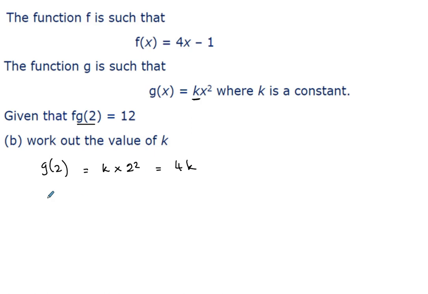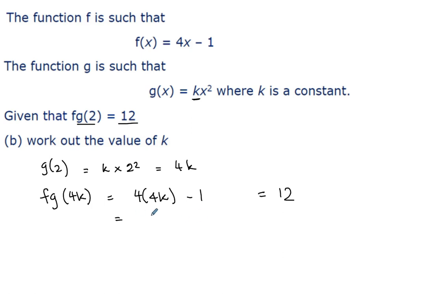Now we're going to stick it into function f. We're going to put the 4k in, and I'll just write it there. So we've got 4 times the x, which is 4k, minus 1, and that should be equal to 12, which we're given there.